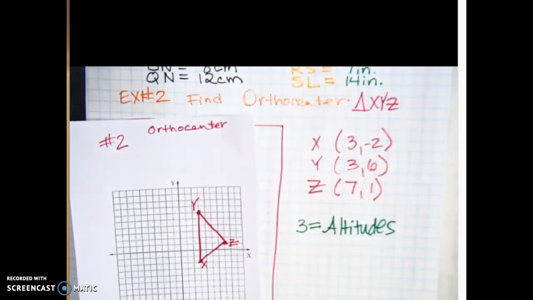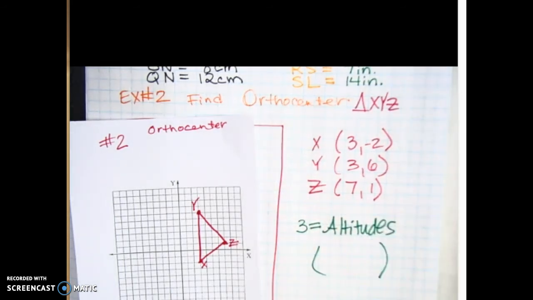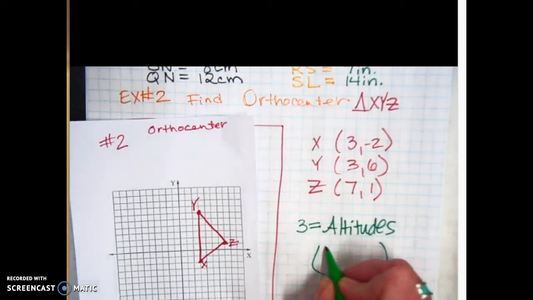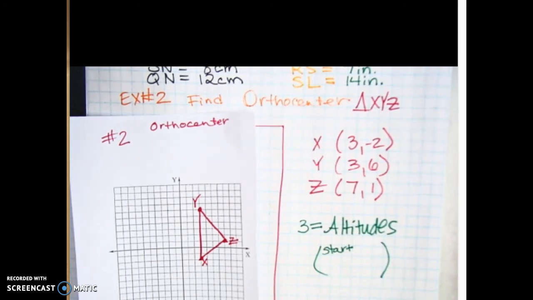Okay. And if I can't remember how to draw an altitude, I look at my chart and it'll give me directions. What are the directions for drawing an altitude? Where do you start and where do you end up? Where does it say to start?